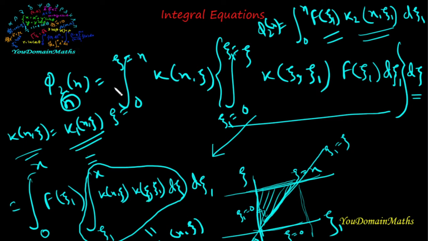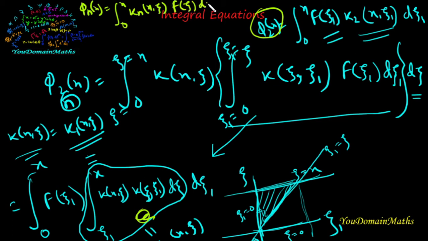I will write the general term of φ(x), and after that we write the recursion relation of the kernel. First, the general term φn(x) is the integral from 0 to x of Kn(x, ξ) f(ξ) dξ. These are the general terms.